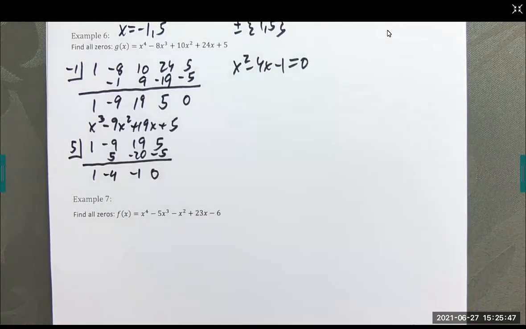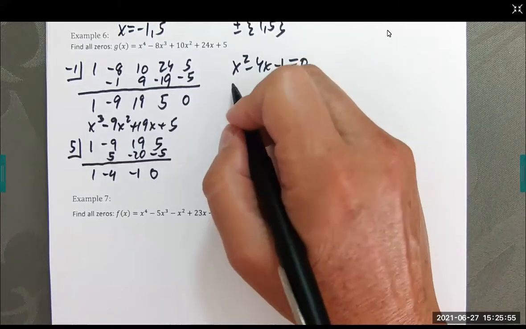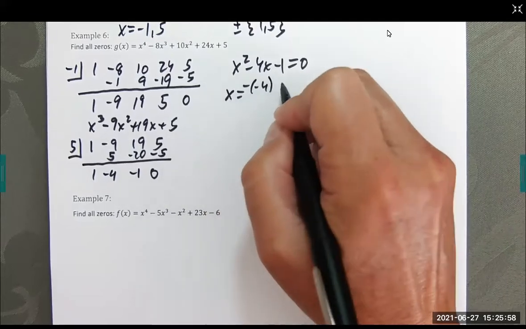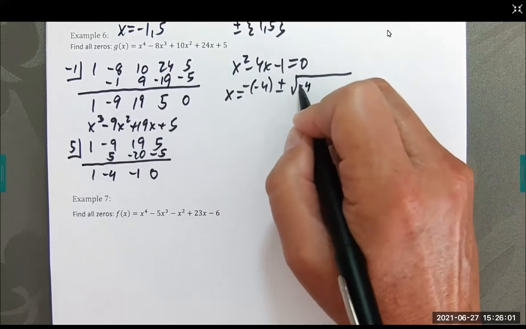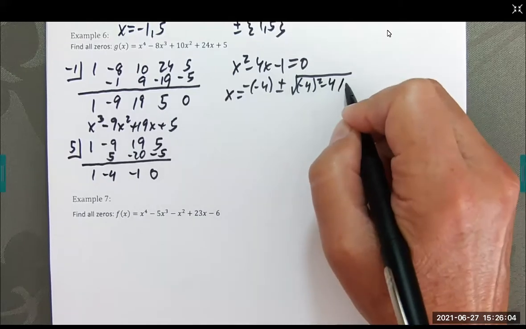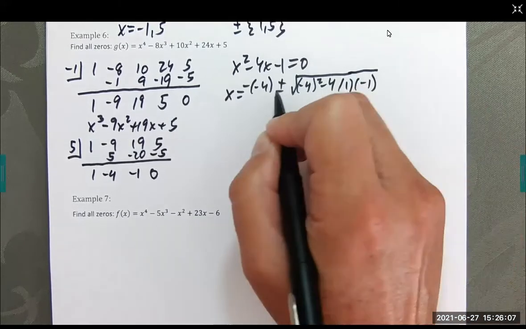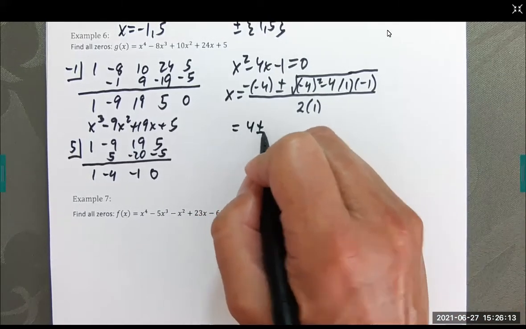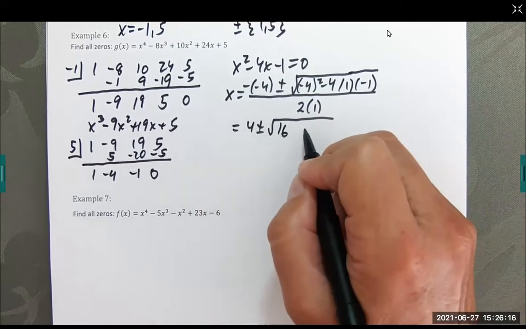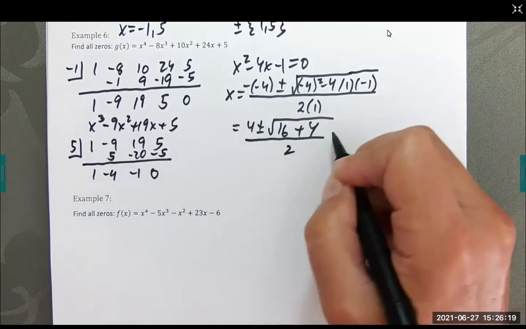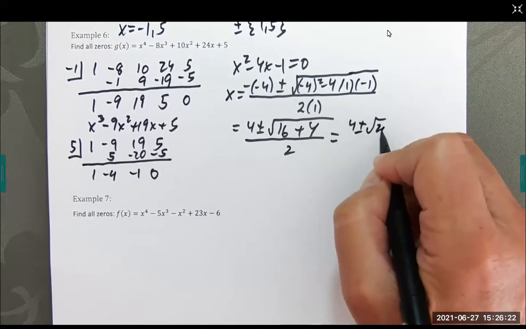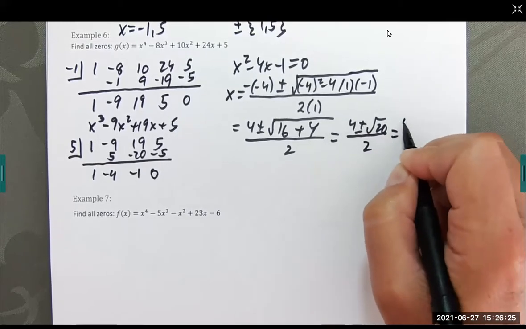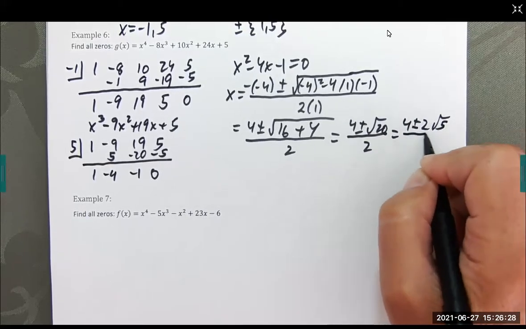1 equals 0. And this does not factor, so we'll have to use the quadratic formula or complete the square. All right, 4 plus or minus the square root of 16 plus 4, over 2, 4 plus or minus root 20 over 2, 4 plus or minus 2 root 5 over 2.